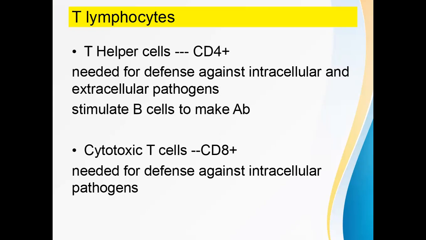These are represented by CD4 glycoproteins, which are needed for defense against intracellular and extracellular pathogens. They stimulate B cells to make antibodies. The next one is cytotoxic T cells, which are represented by CD8 plus glycoprotein. These are needed for defense against intracellular pathogens.